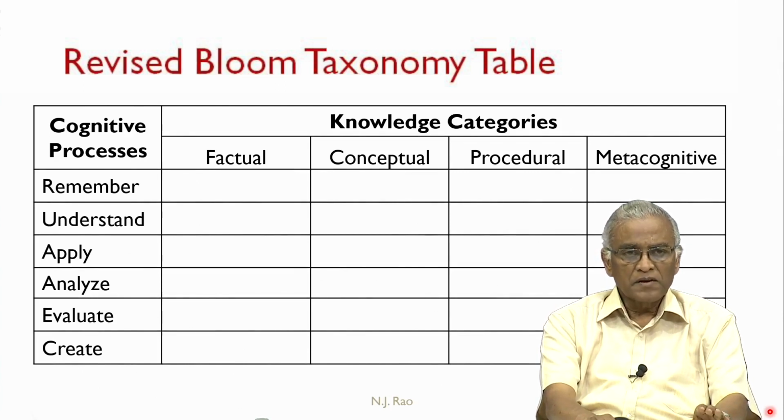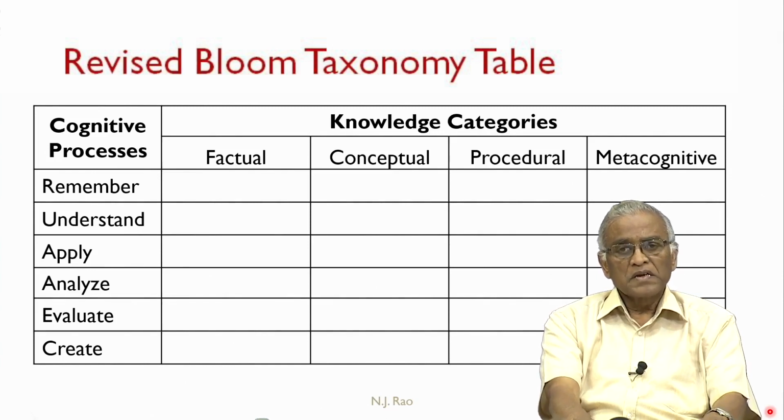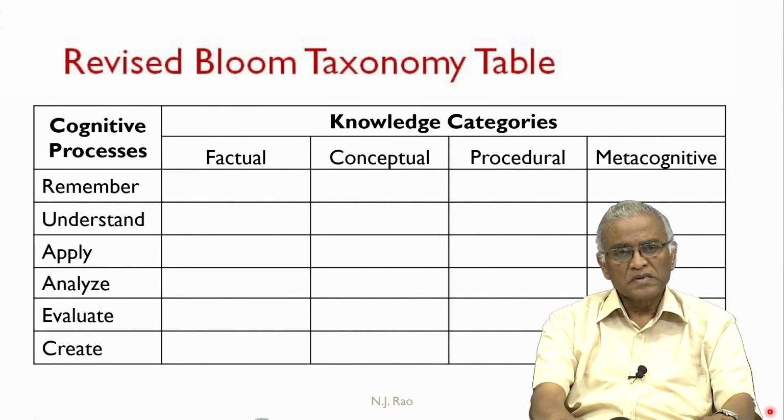The cognitive processes are placed in a hierarchy, lowest being remember, understand, apply, analyze, evaluate and create, and the knowledge categories are factual, conceptual, procedural and metacognitive. There is no particular hierarchy with regard to the knowledge categories, but with regard to cognitive processes we have this hierarchy.